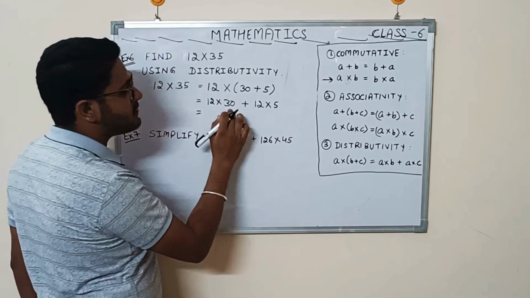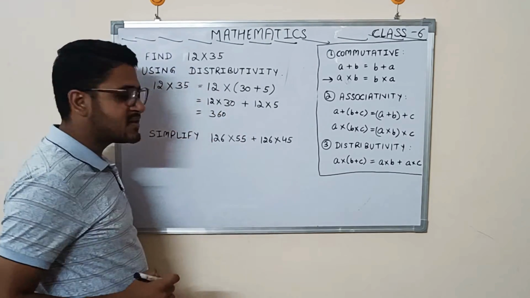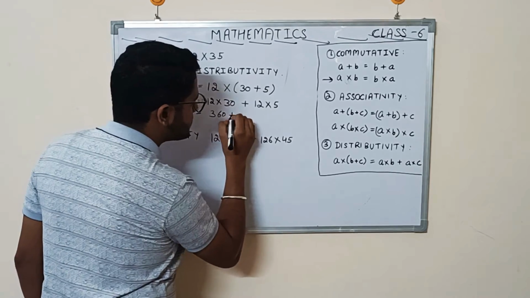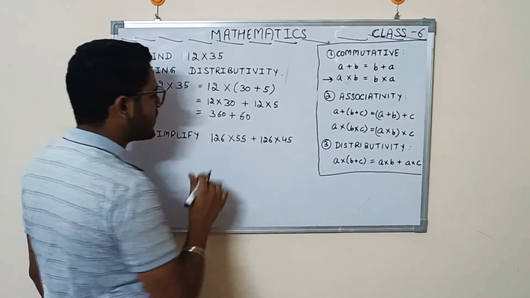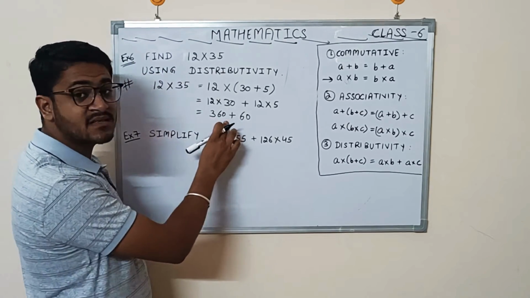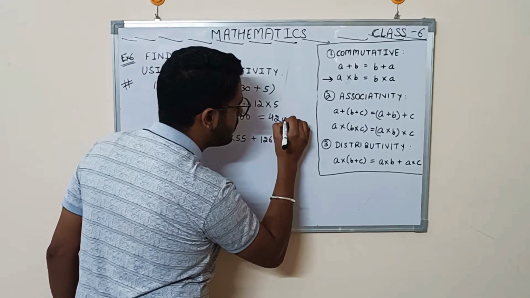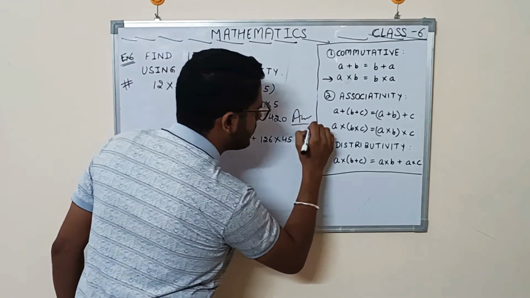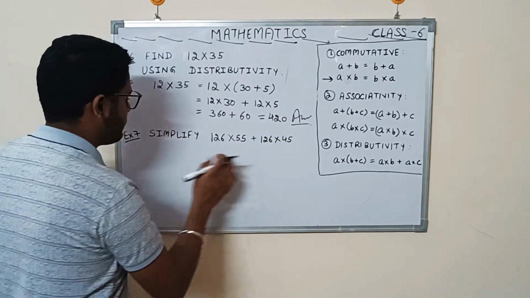So what will be 12 into 30? 360 plus 12 into 5, 60. Okay, now what we are left with? 360 plus 60, which will be 420, which is our answer, right? Let's move to example number 7 now.